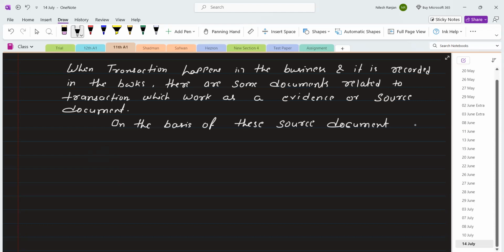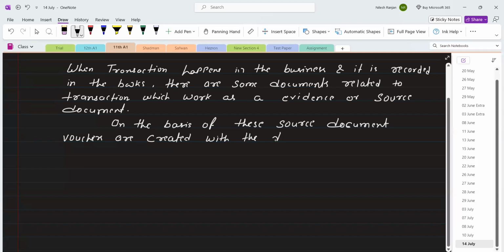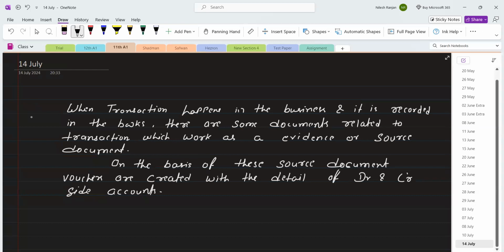So source documents are the source, and vouchers are created with the details of debit and credit side accounts. This is source document and vouchers.